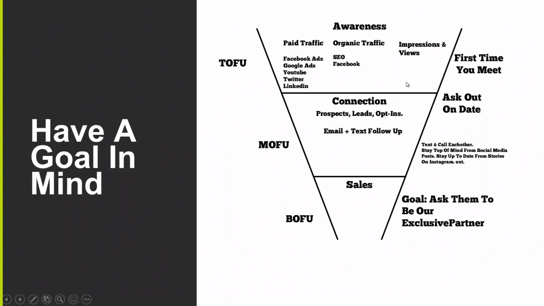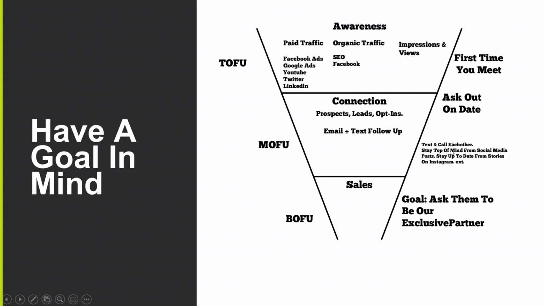If I come back here, I want to look at the graphic. So yeah, we have this graphic, we have our awareness stage, top of the funnel, we have our middle of the funnel. And a quick metaphor to help wrap this up is, think of the top of the funnel and the awareness stage as the first time you meet someone. And then the middle of the funnel and the connection stage is after you meet them and they become aware of you, you like them because that's your prospect, you can ask them out on a date. So this is a metaphor relating to dating to help you understand.